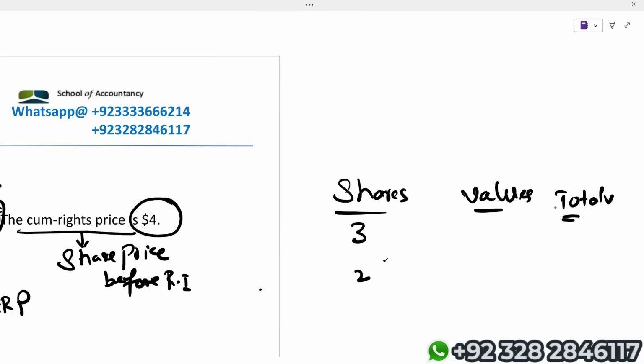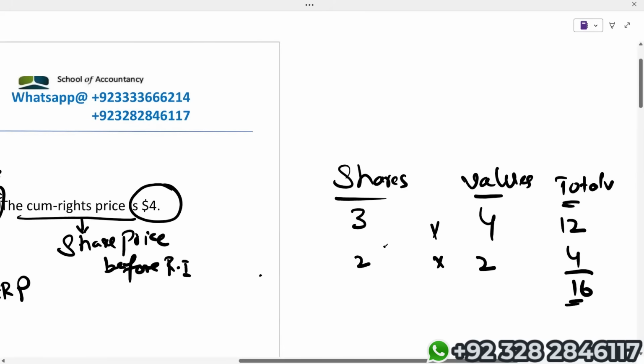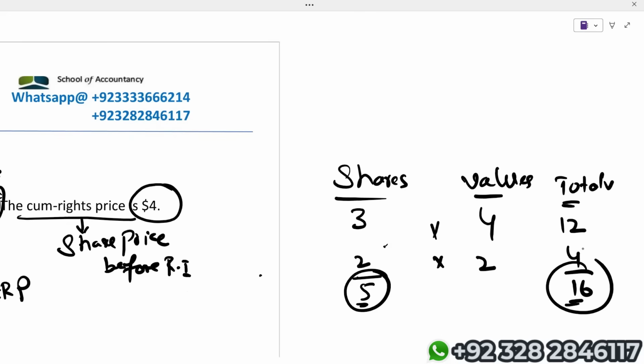That is a ratio. Share price before rights is $4. Rights issue price is 2. So here becomes 12. Yes, 12 and 4, 16. So we can say that the total value of 5 shares is 16.